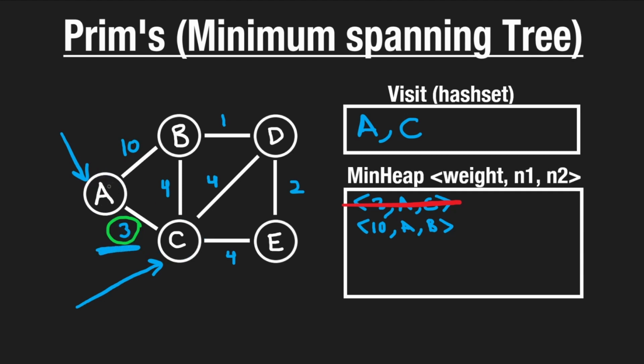Because the only other possible path that might connect them together, we don't know for sure, but in this case it does, there is a path from A through B that connects them together. So no matter what, to connect A and C, we would have to either directly connect them or we would have to go through B. Going through B is going to cost 10, which is more than 3. So there's never going to be a path that costs less than 3, which connects these 2 together.